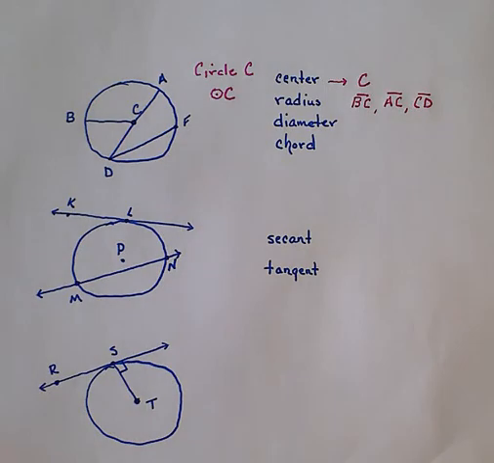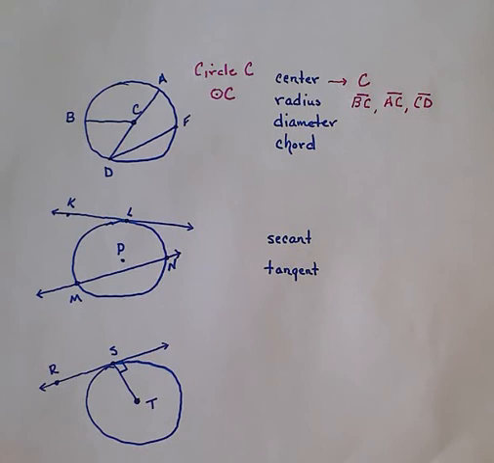Okay, when you pass through the center of a circle and go from circle to circle, you create a diameter. A diameter must contain the center of the circle. And remember that because it contains two radii, it is twice the measure of the radius.